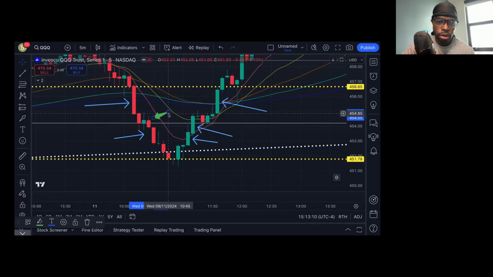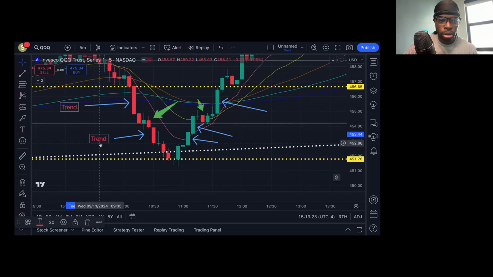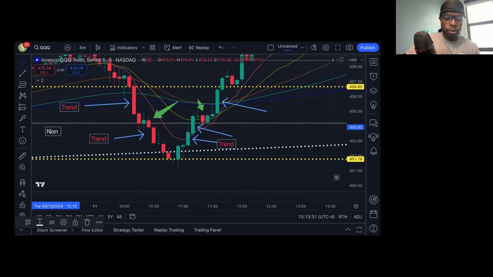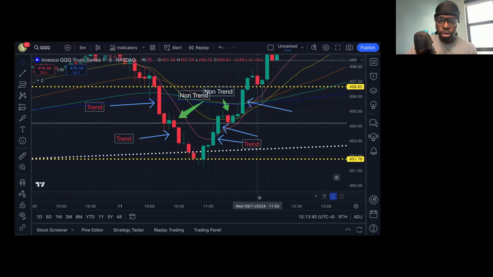So these are non-trend bars here, here. Okay, so we have trend bars, and then we have non-trend. Non-trend and non-trend. So these tiny little bars.